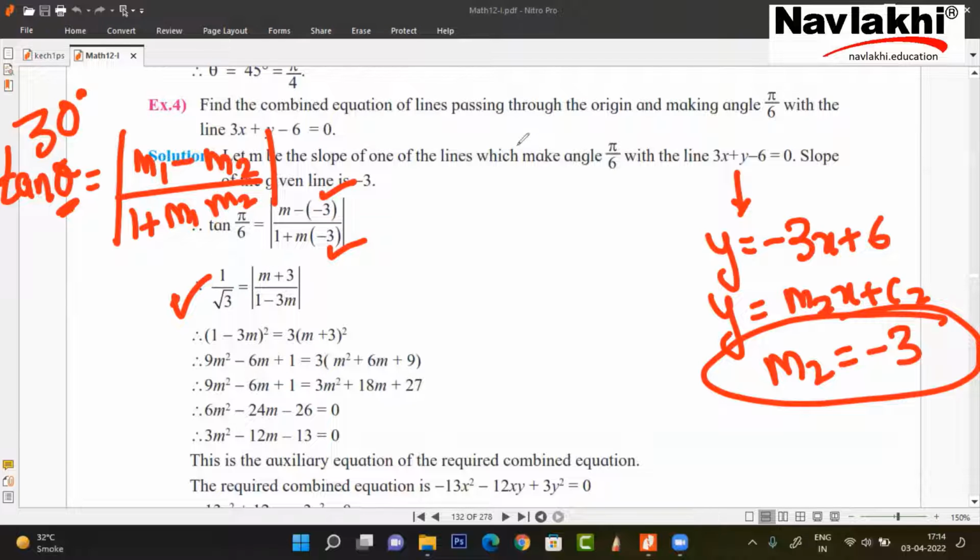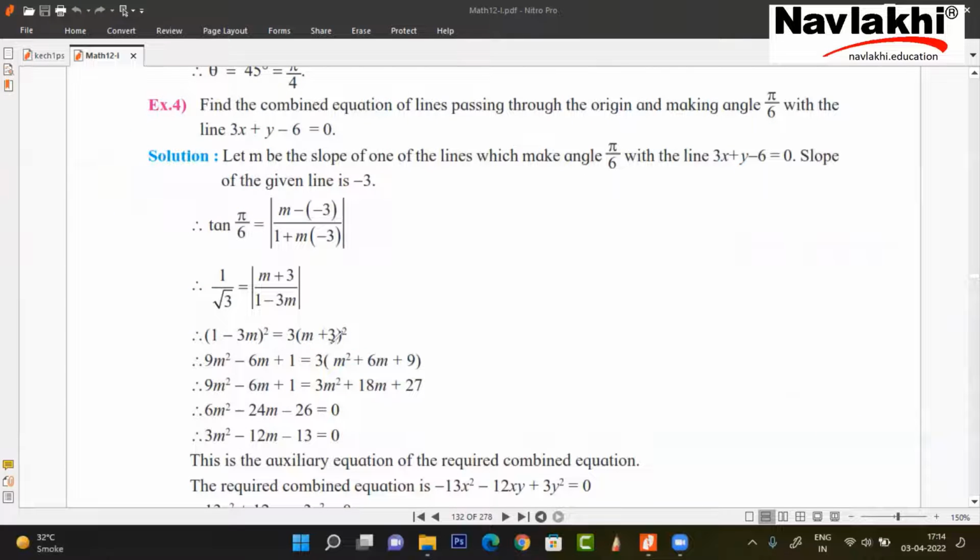To remove the mod, you are going to square both the sides. Squaring both sides always removes the mod in math. So square both sides, expand the brackets, and make it into a quadratic equation in m.